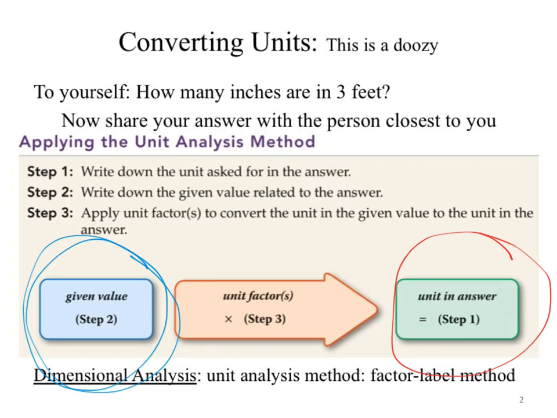So what I mean by that is if our answer is mass, where should mass show up in our calculation? In the numerator or the denominator? In the numerator, because our answer was mass. If our answer is mass over volume, where should volume show up in our calculation?